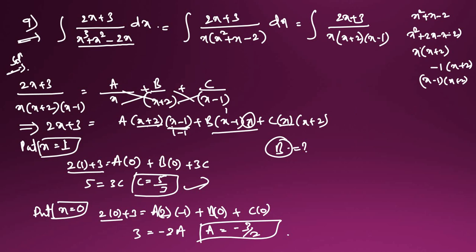We'll do another thing: we'll find the b value by putting x is equal to minus 2, where the other terms become 0. So here the b value will come from this one.